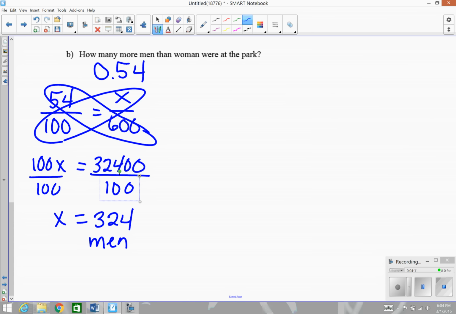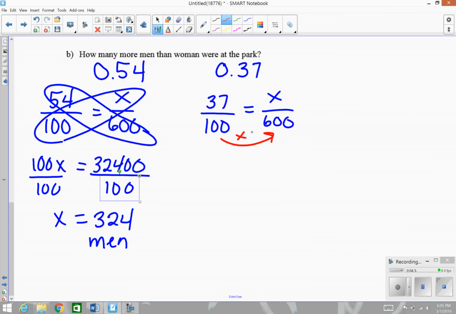Now we can calculate women, which had a relative frequency of 0.37, or 37/100ths equals x out of our total of 600. I'll use our scale factor again this time, so easy. When we multiply 37 by 6, we get that x equals 222 women.